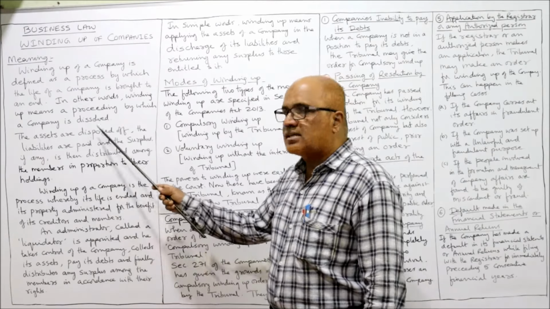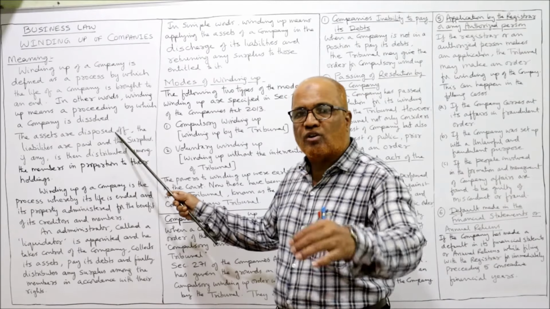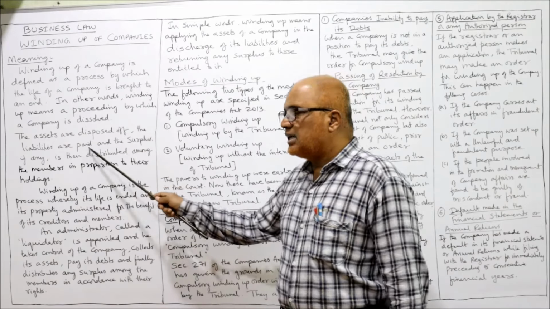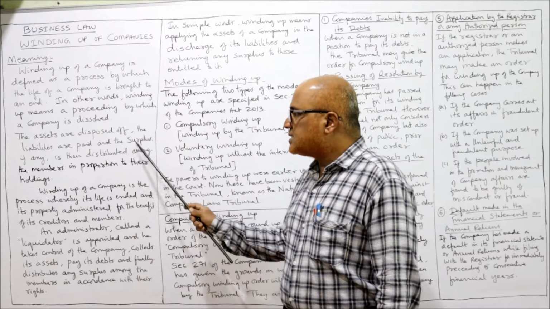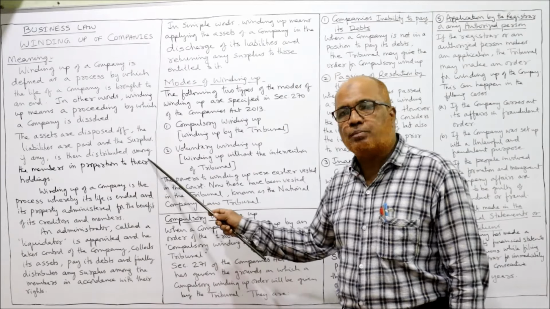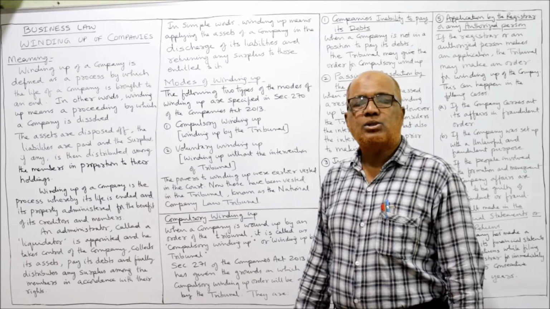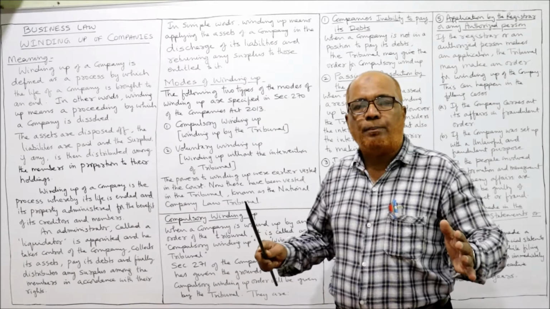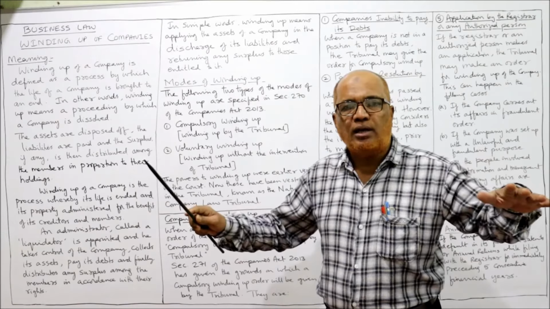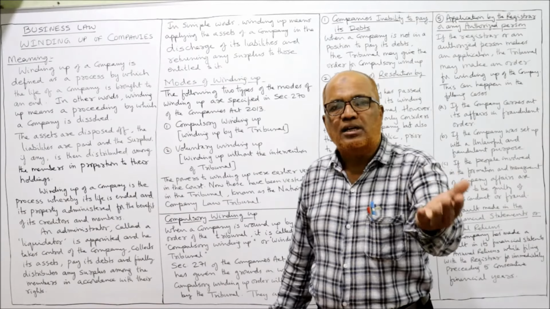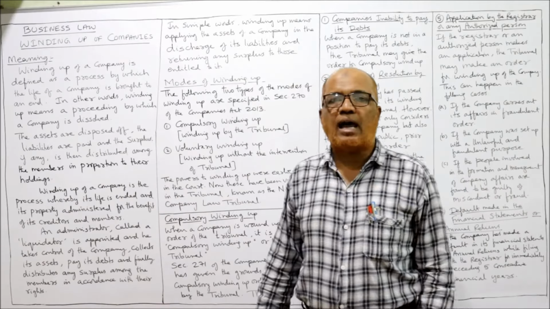So here the assets are disposed of. Disposed of means sold off. The liabilities are paid, and the surplus, if any, is then distributed to the members in proportion to their holdings. Whenever a company is wound up, all the assets are sold. From the sale proceeds, the amount will be paid to outside liabilities.